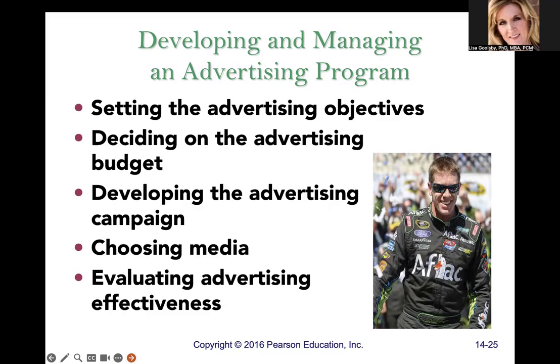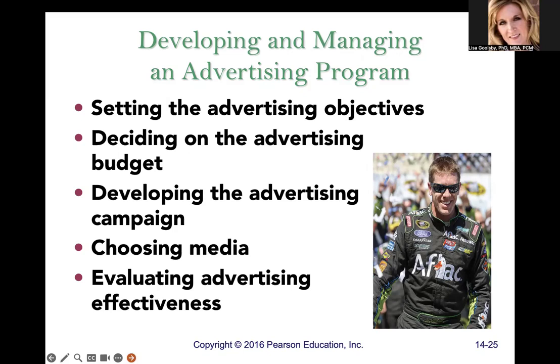So, developing an advertising program, we've got to set the advertising objectives, decide on a budget, put that ad campaign together, choose which media. We're going to do old media, television, print, and radio, or are we going to do new media? That would be social, digital, and mobile. How are we going to get that message?